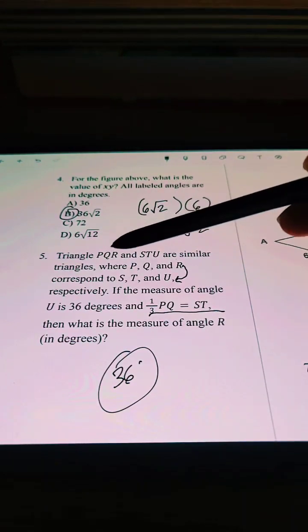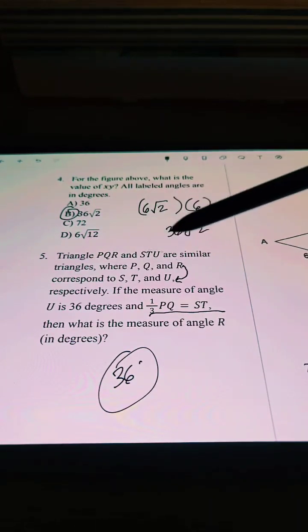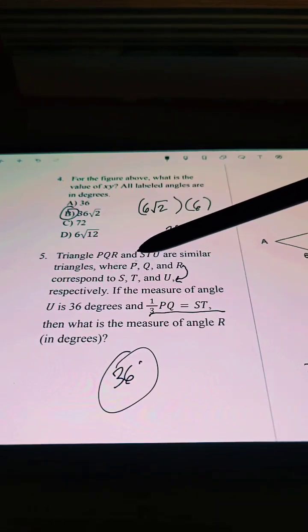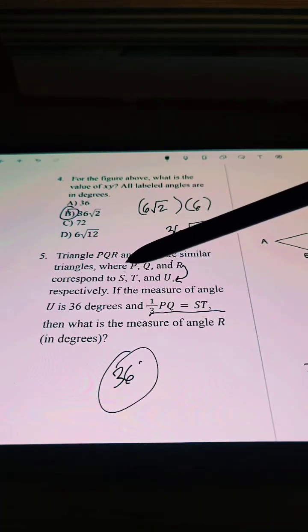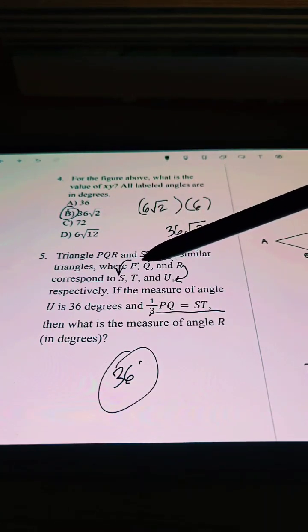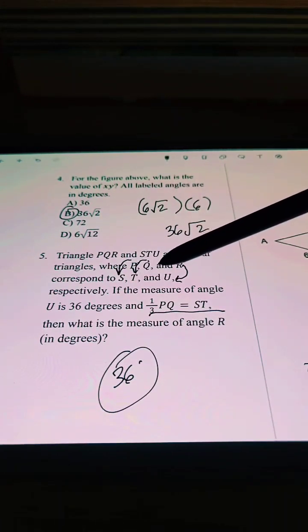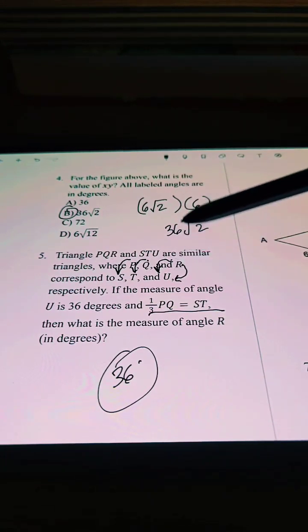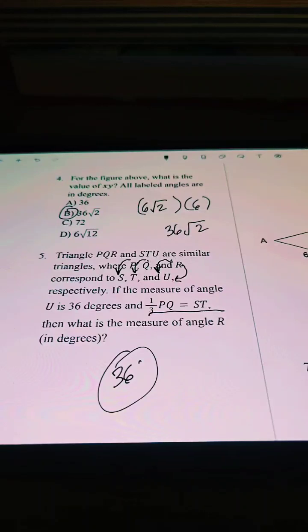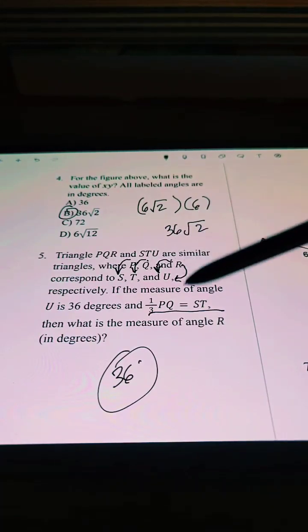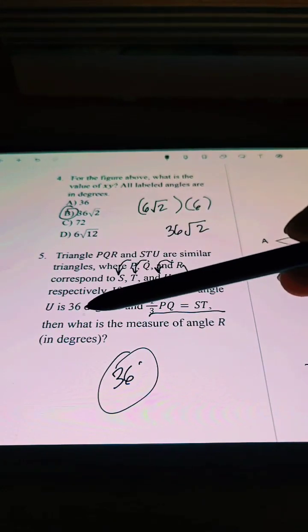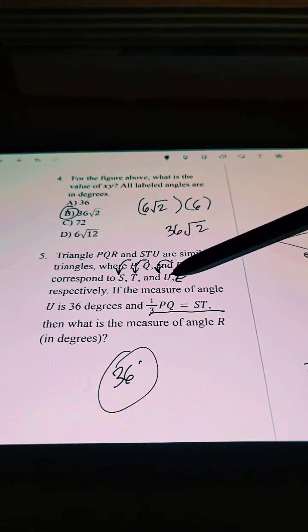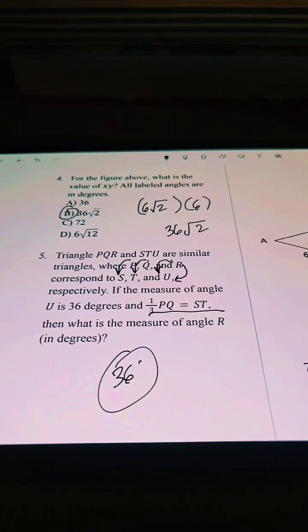So when it says triangles PQR and STU are similar triangles, where P, Q, and R correspond to S, T, and U respectively, that means P corresponds to S, Q corresponds to T, R corresponds to U. If they're similar triangles, those corresponding angles must be equal. So it tells you what U is. U is 36, so that means R must also be 36.